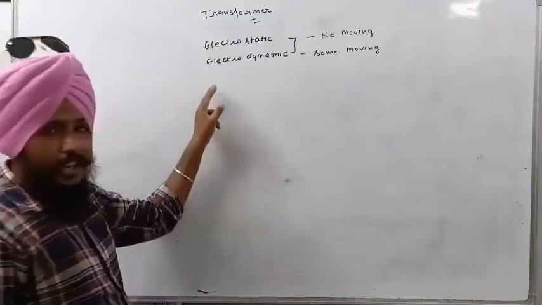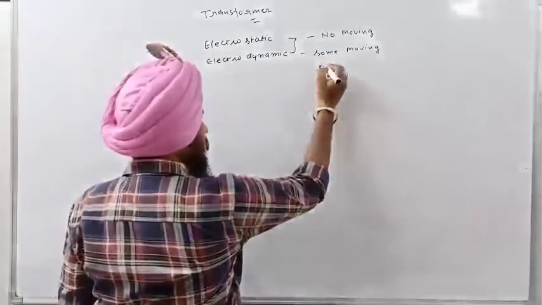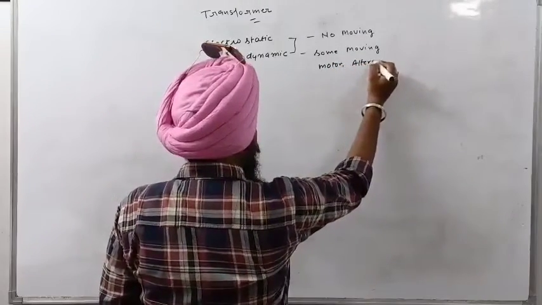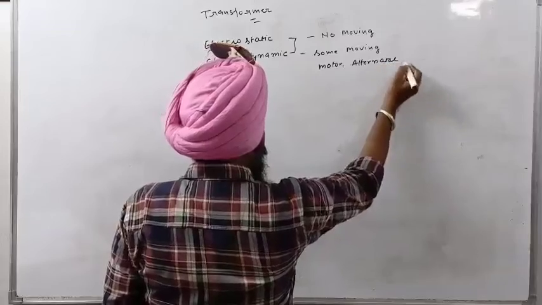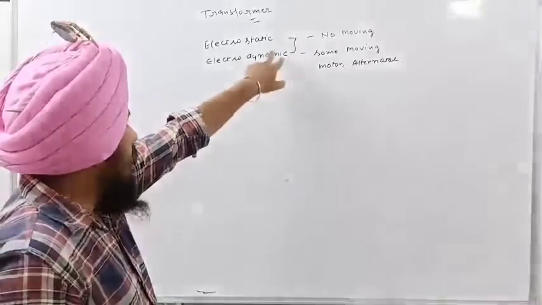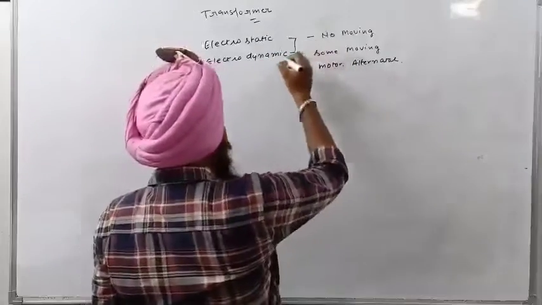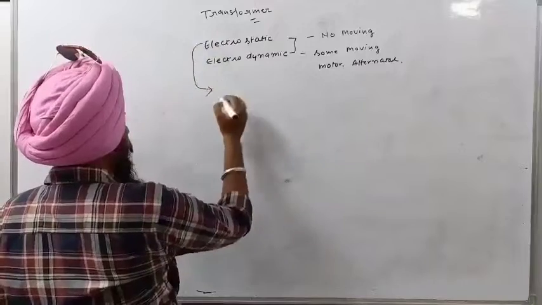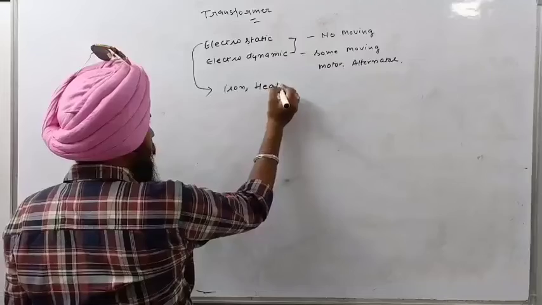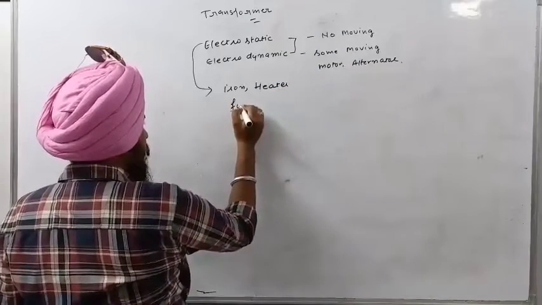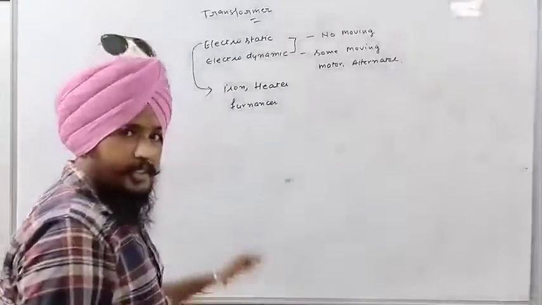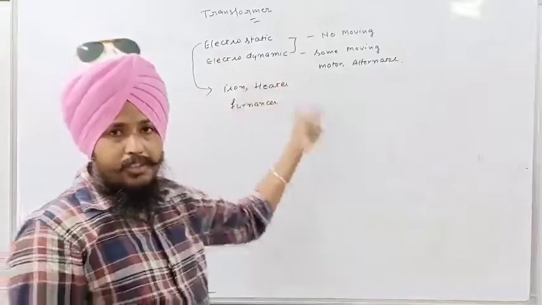The examples of electrodynamic machines are the motor, alternator, etc. And the examples of electrostatic devices of electricity are the electric iron, electric heater, and electric furnaces, which are used in industry to melt iron or steel.